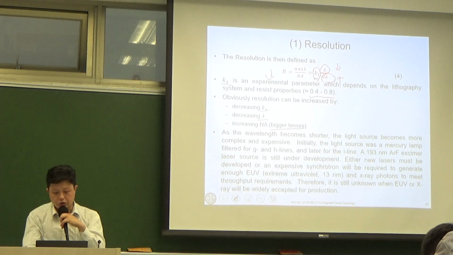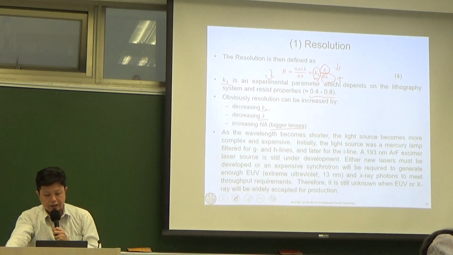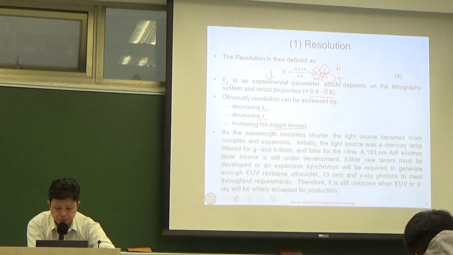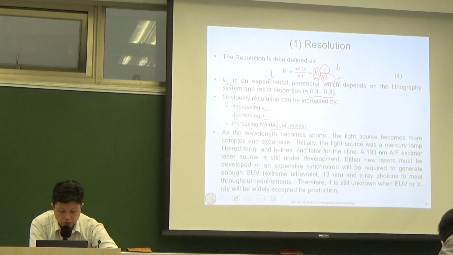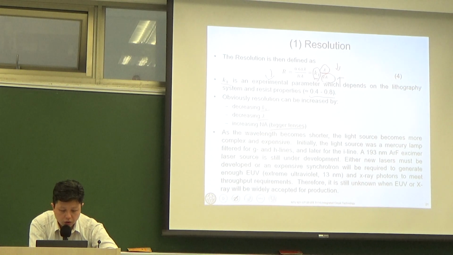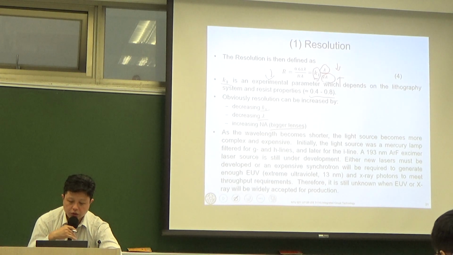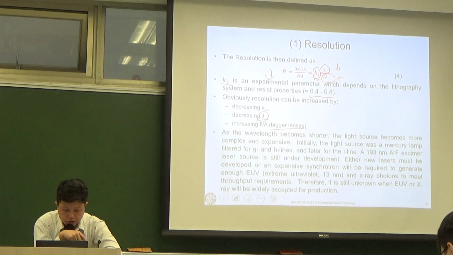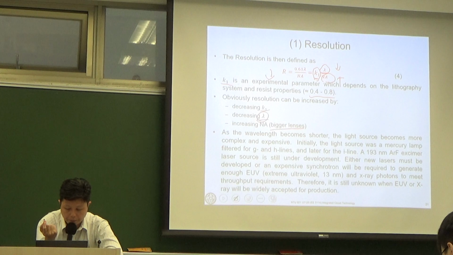If you have a large NA, you can collect all the light, so it can give you higher resolution. So there are three parts that you can choose to improve your resolution. That's why we have to reduce the wavelength to the EUV system.